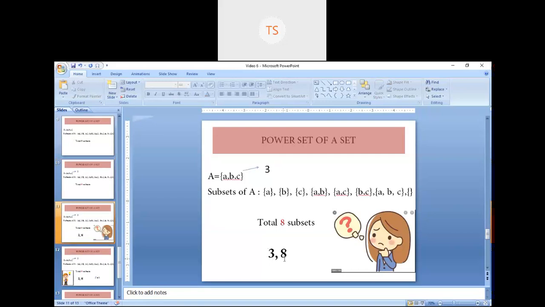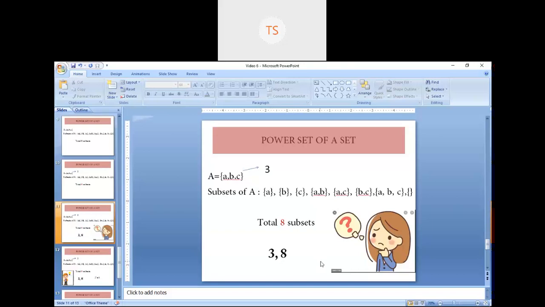Now as a mathematics teacher, I always want some formula. Everything I want to write in terms of a formula. My aim is to connect 3 and 8 using one particular formula so that we can use it in other sets also. So let's see how we can connect this 3 and 8.